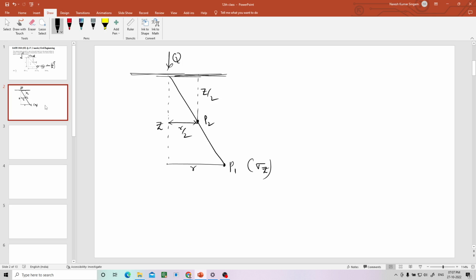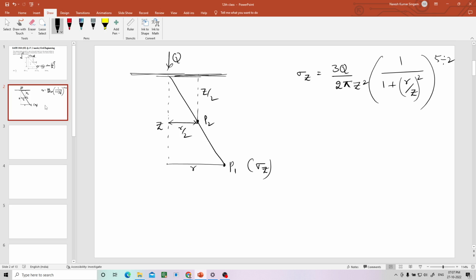So what is the formula for the increment in stress due to a load Q? According to Boussinesq theory, this is 3Q by 2 pi z square into 1 by 1 plus (r by z) square whole power 2.5.